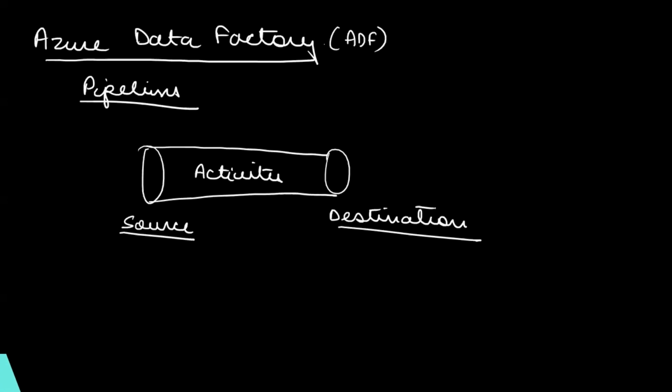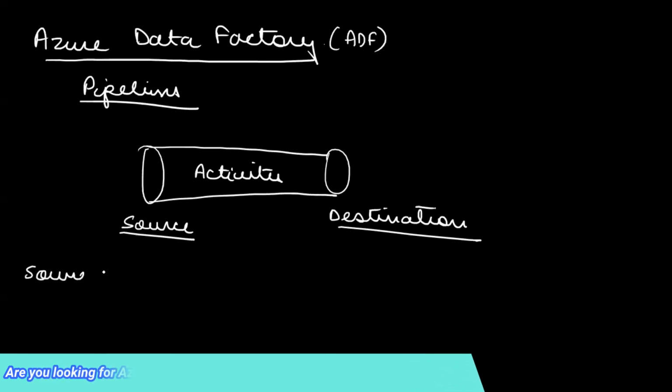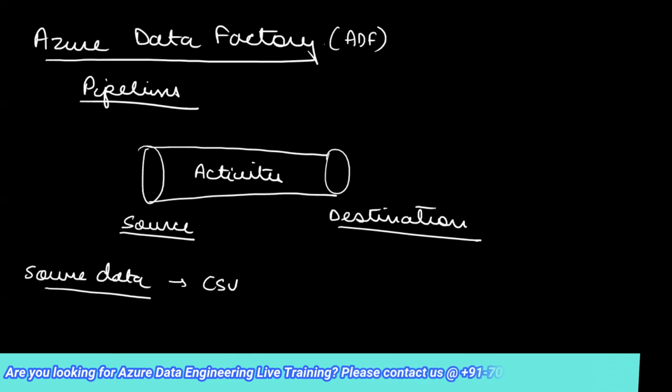Obviously, there are other concepts also within Data Factory that we need to cover first. But source, in very simple terms, is basically your source data. Let's say my source data is a CSV file. Now, when this pipeline runs, and it will run automatically, or you can trigger it manually also, you can automate this process also, this entire pipeline will help me, first of all, ingest the data.